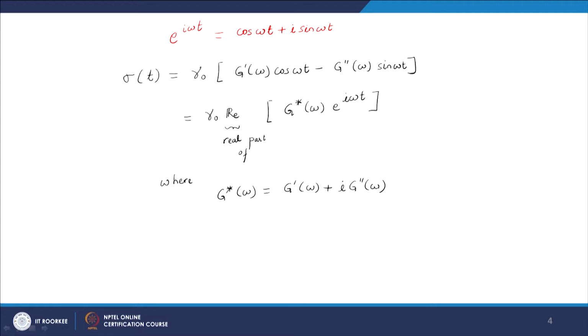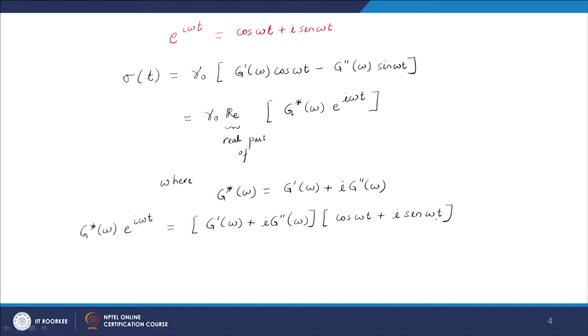And we can say why this should be the case, because if I do G star omega e to the power I omega t, that is going to be equal to G prime omega plus I G double prime omega multiplied by cos omega t plus I sin omega t.